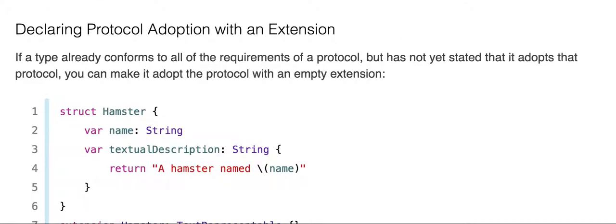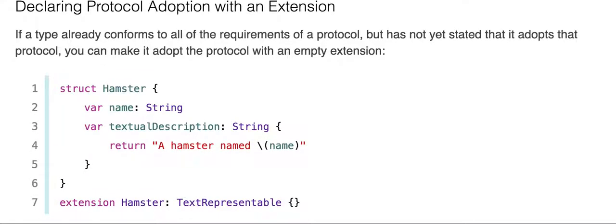Now, declaring protocol adoption with an extension. If a type already conforms to all of the requirements of a protocol but has not yet stated that it adopts that protocol, you can make it adopt the protocol with an empty extension. So you have the struct Hamster with a name String and a textualDescription String, and you can extend it using extension Hamster: TextRepresentable, which is an empty extension.